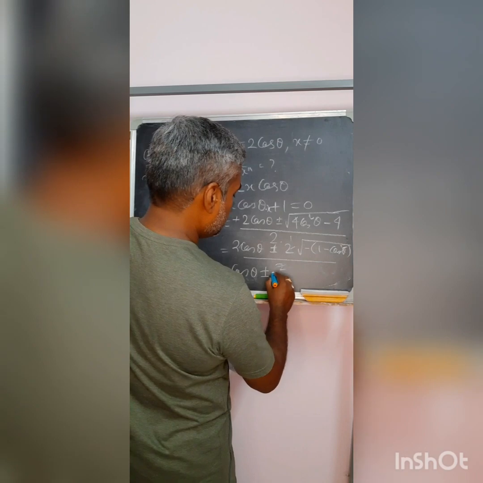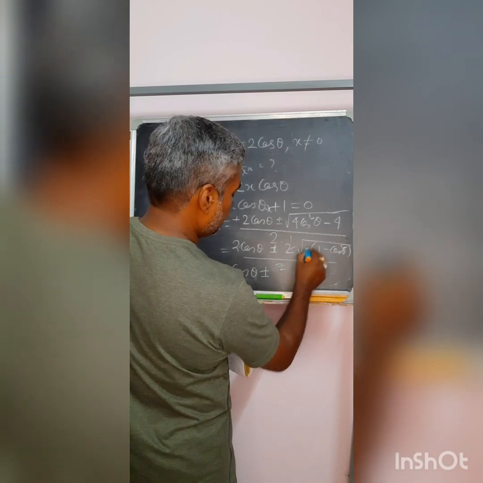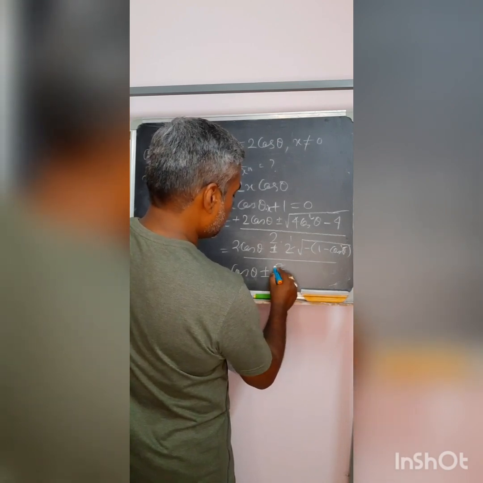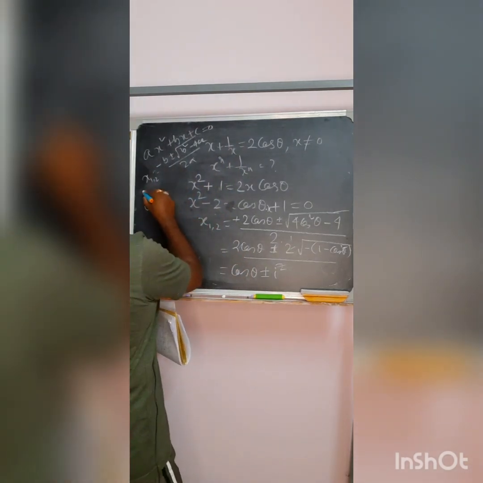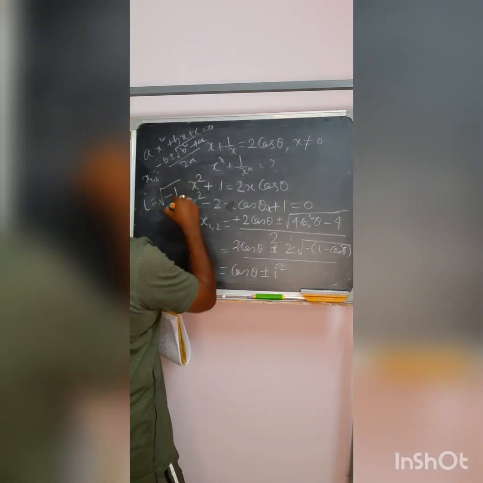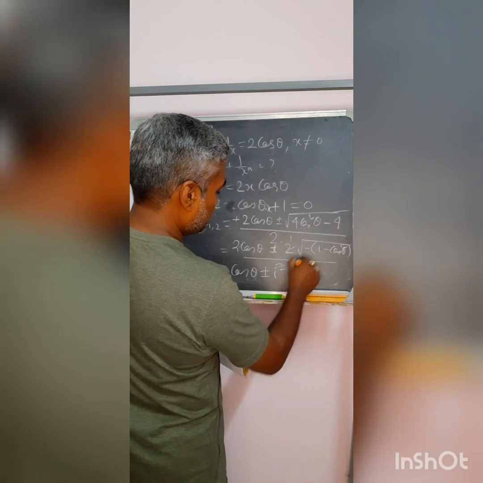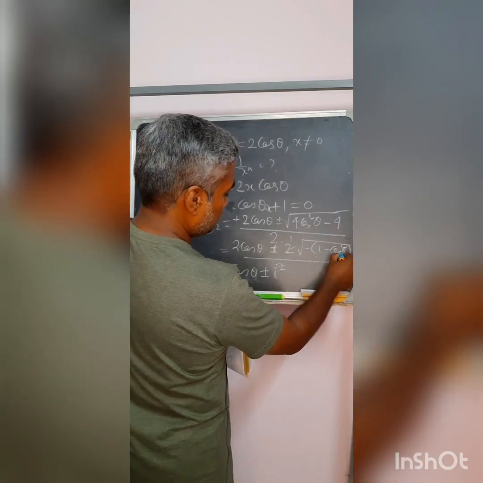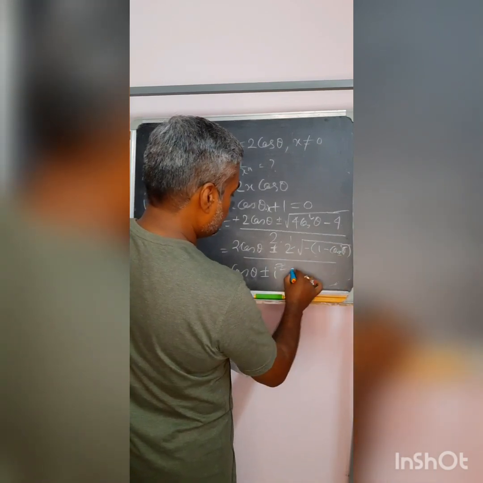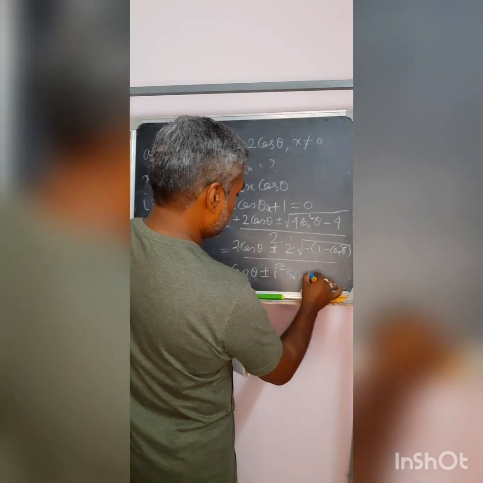Under root of minus 1 is i, because i is nothing but the square root of minus 1, and 1 minus cos squared theta is sin squared theta, which comes out as sin theta.